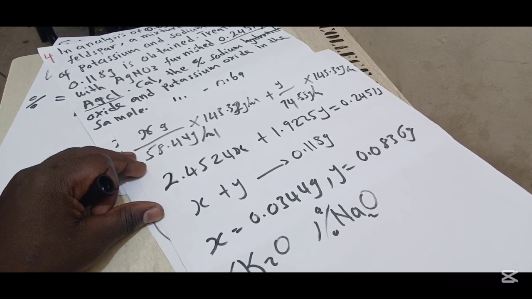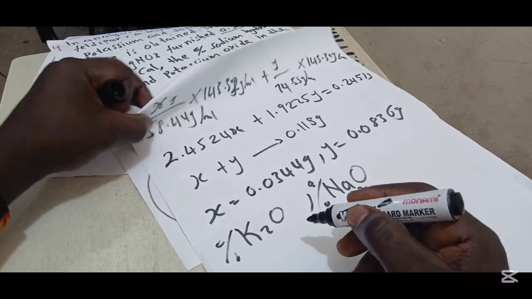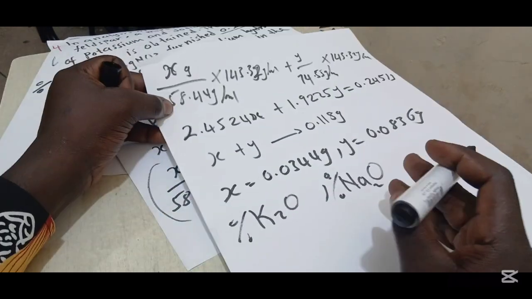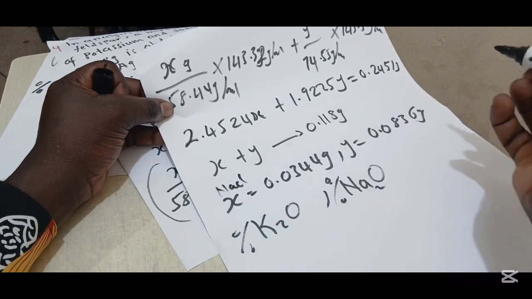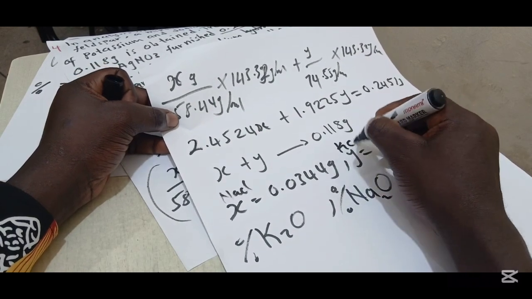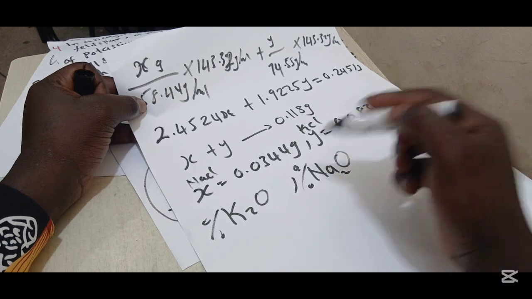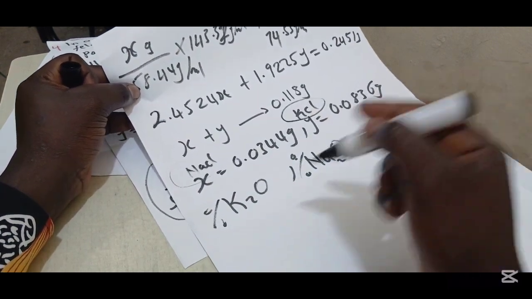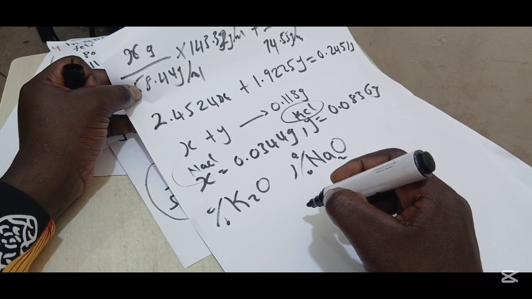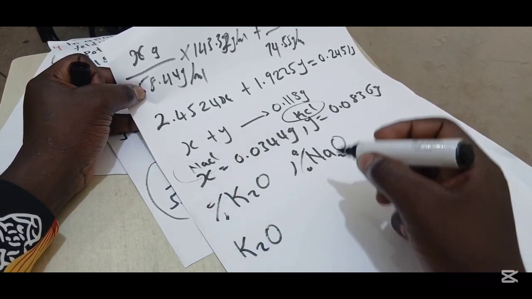So now we know the mass for sodium chloride, which is X, and mass of potassium chloride, which is Y. So now with reference to this, let's look for the mass of K2O from this.